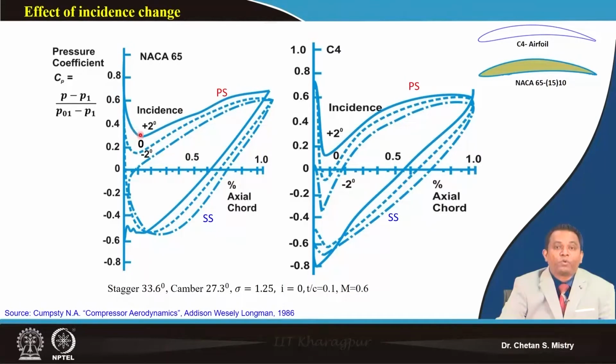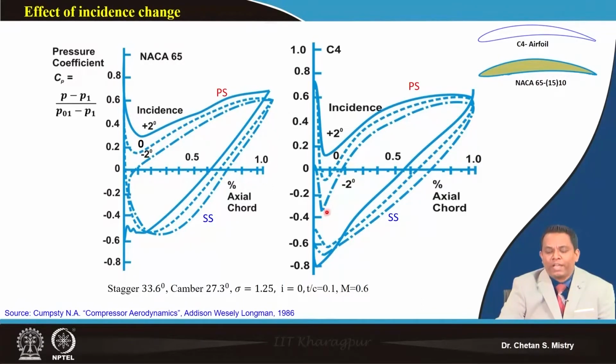When we have positive incidence angle, the acceleration on the pressure surface is comparatively low, and on the suction surface I will have higher acceleration, which gives a higher pressure rise. In line with that, if we consider minus incidence angle, we can have our CP distribution lower compared to the positive and 0 incidence cases.